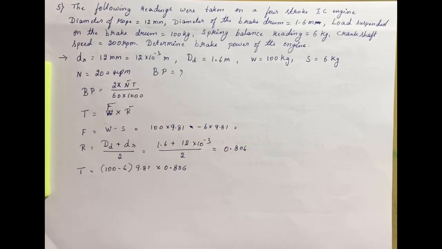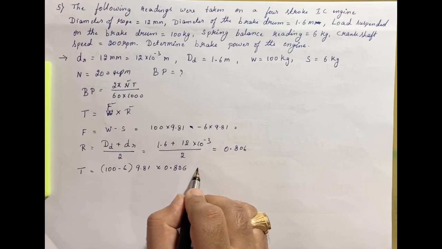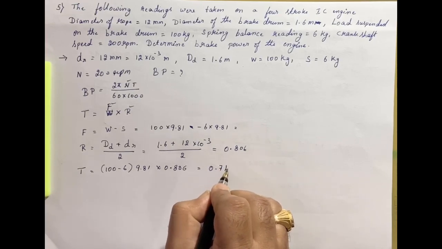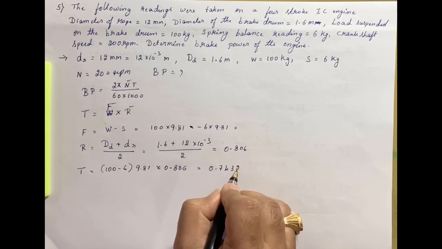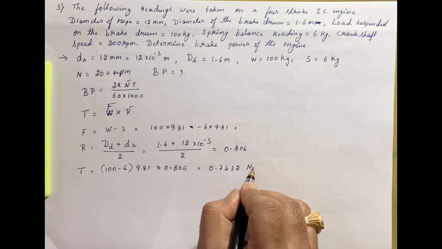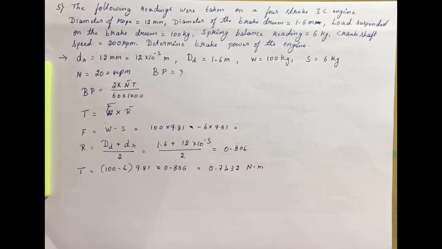We get 0.7432 into 10 power 3 Newton meter here.